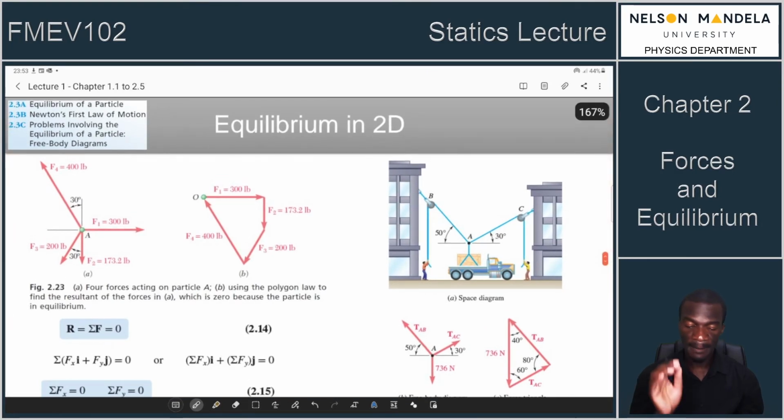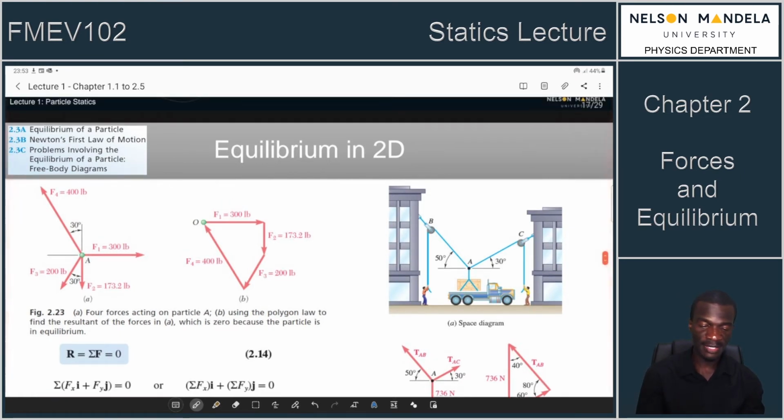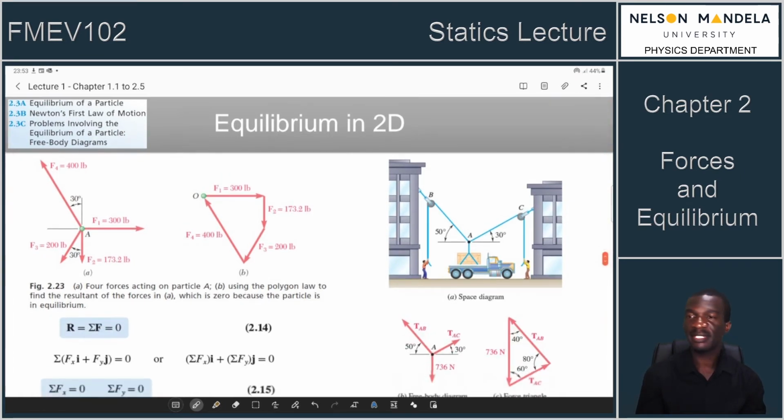The next set of principles, I don't even remember which number. Okay, so equilibrium in 2 dimensions. This is where we are finishing off the 2-dimensional case. There are 3 principles on the equilibrium in 2 dimensions. On this page, we're looking at the principle on equilibrium of a particle. If you have a particle in equilibrium, there are several forces acting on it.